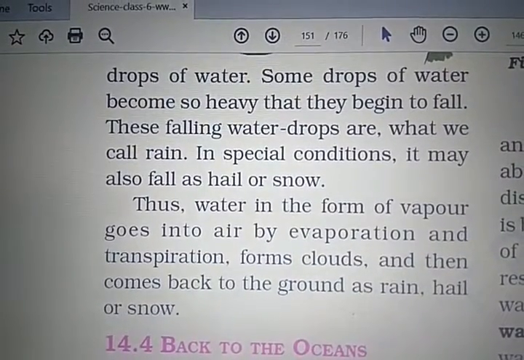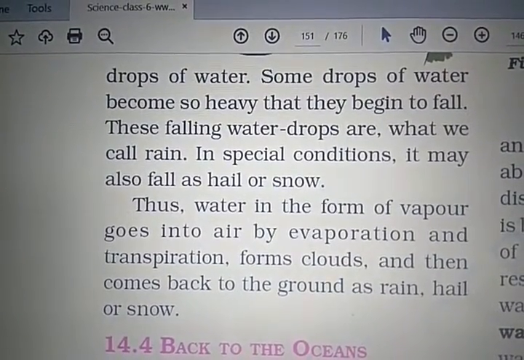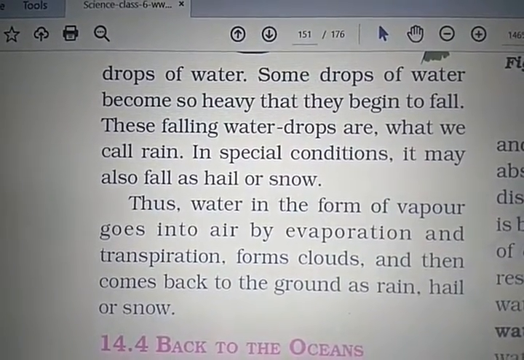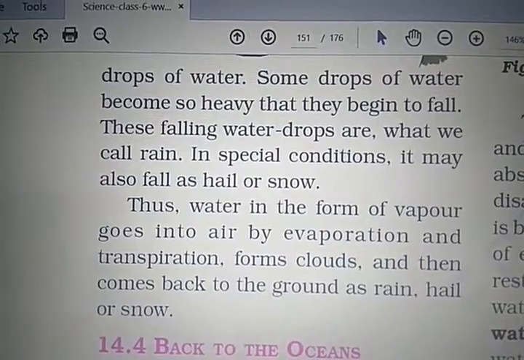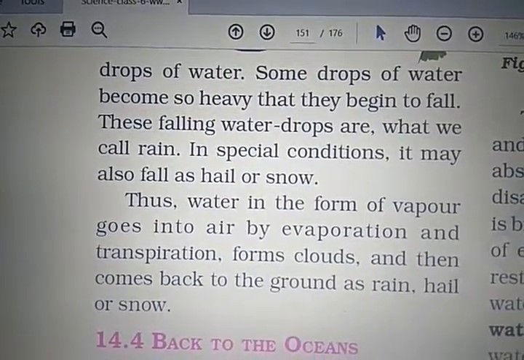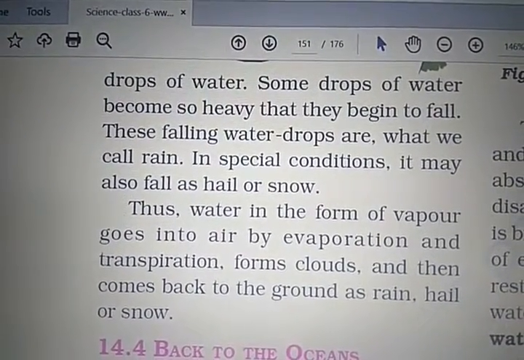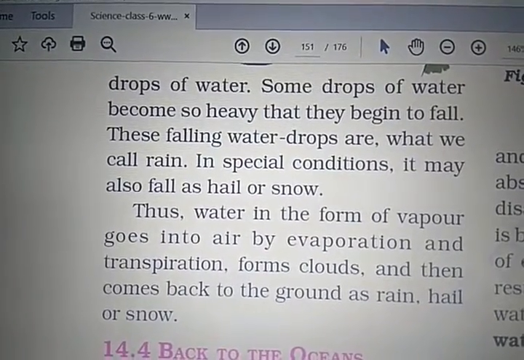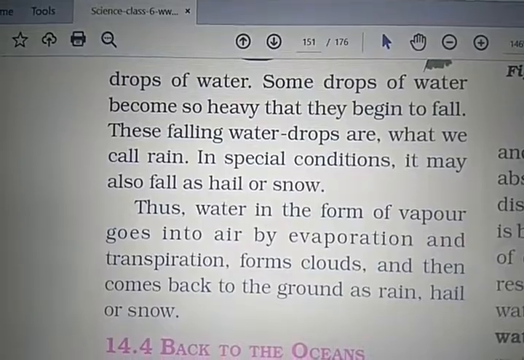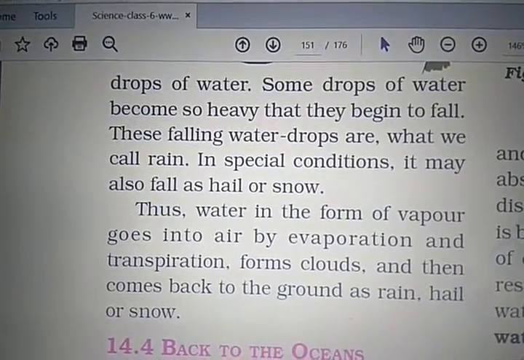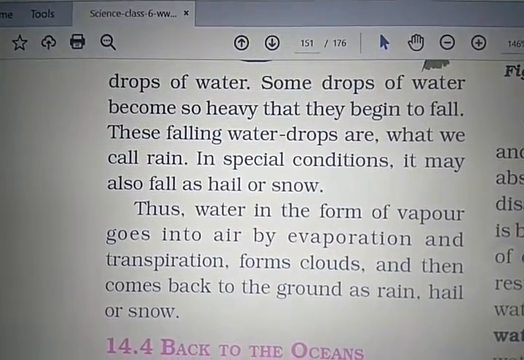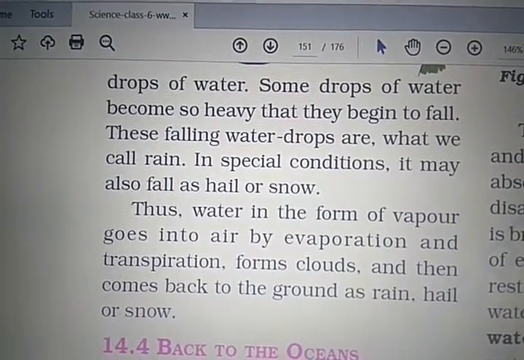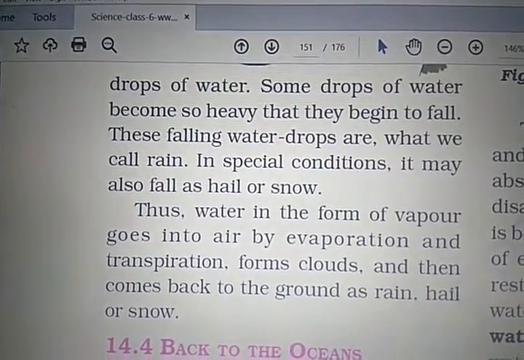So in this last paragraph, you see the water in the form of vapor. First, how water gets in the form of vapor: the evaporation process. Then it goes into the air by evaporation, and the next process is transpiration, and then it forms a cloud, that is condensation, and then comes back to the ground as rain, hail or snow.